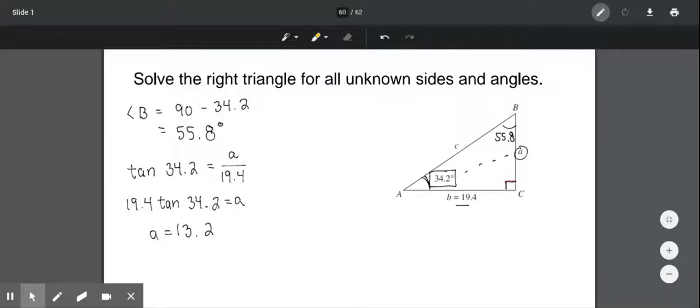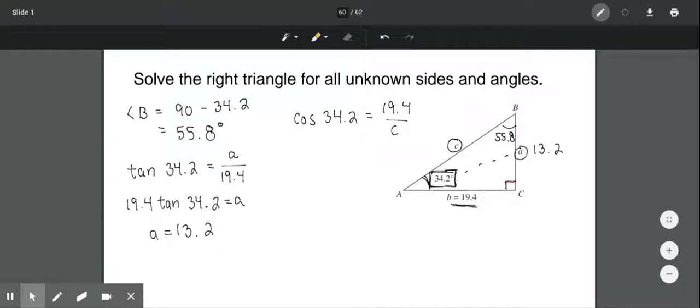If we do that, we find that side A is 13, and we'll go one decimal since everything else on here is one decimal, so this is 13.2. Now to find side C, you could technically do the Pythagorean theorem, but because 13.2 is a rounded number, I probably wouldn't use that in my calculations unless you absolutely have to. And in this case, you don't have to, because we could go back to this angle of 34.2 and the side 19.4, which is the adjacent side, and find the hypotenuse. With the adjacent side and the hypotenuse, we could use the cosine of 34.2 equals the adjacent side over the hypotenuse.